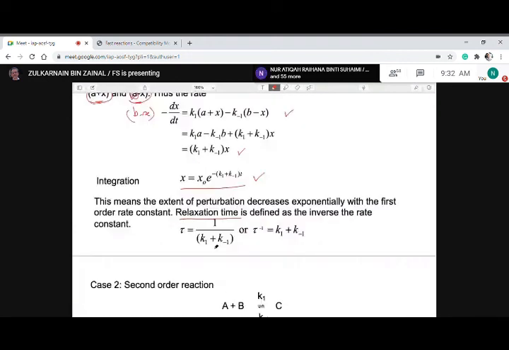So you can get the relaxation time from the values of k1 and k minus 1. So how to get k1 and k minus 1? You only get k1 plus k minus 1.